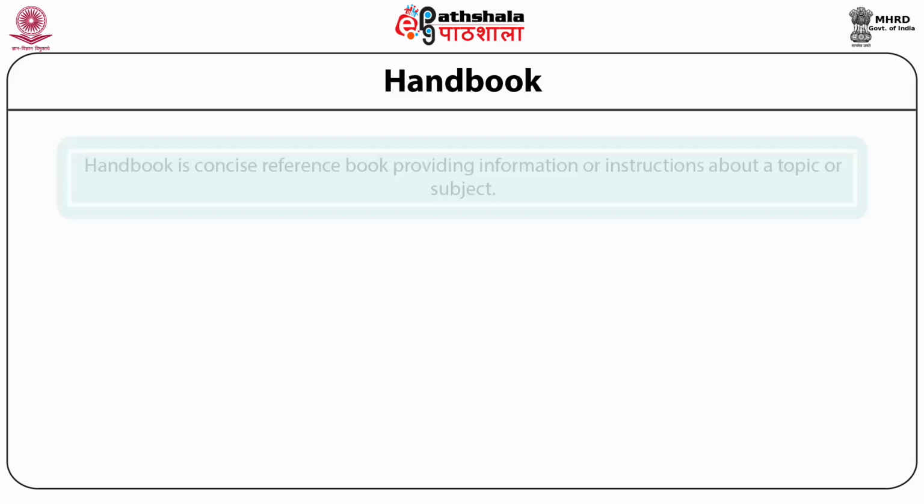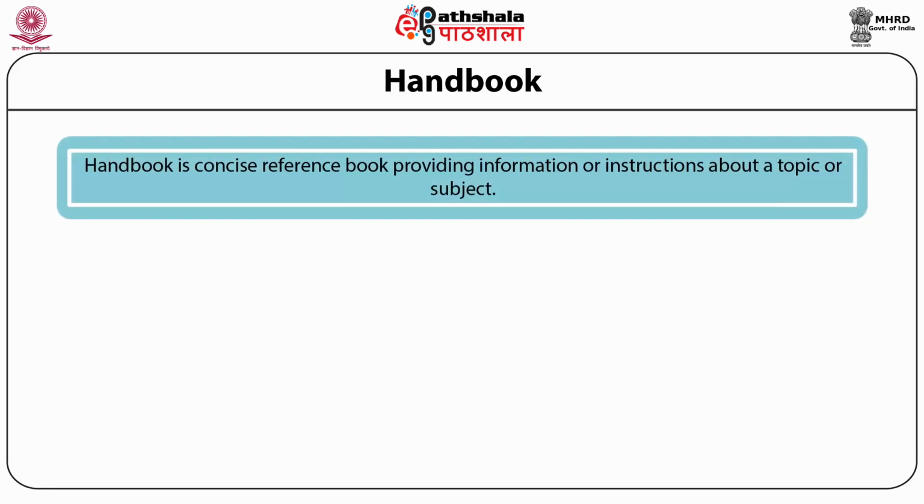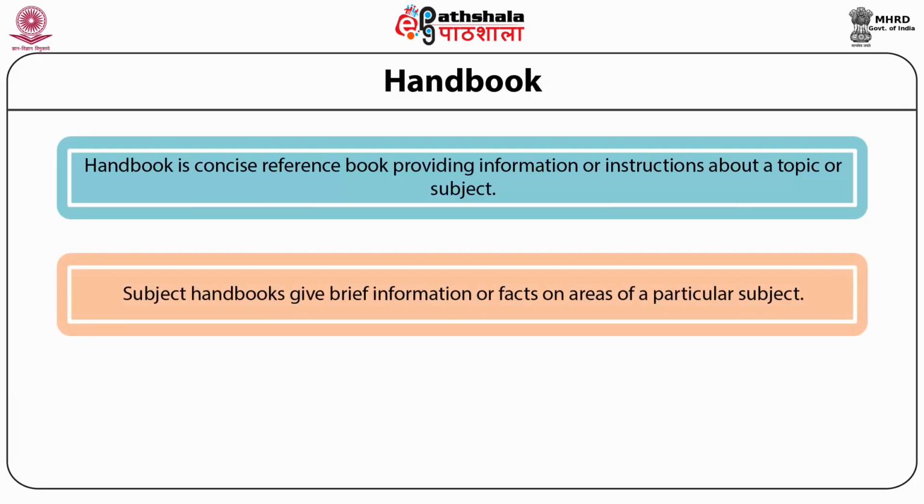Handbook. A handbook is a concise reference book providing information on or instruction about a topic or subject. Subject handbooks give brief information or facts on areas of a particular subject.